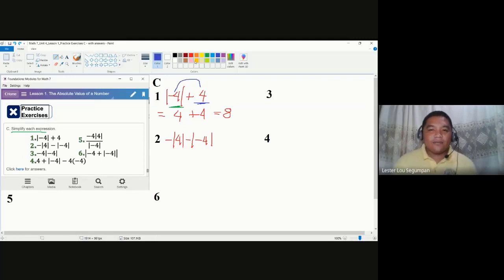So in this case, simply copy this negative sign and the minus operation. The absolute value of 4 is positive 4, minus the absolute value of negative 4, which is also 4. And then you have negative 4 minus 4. This is not 0. I need to repeat, this is not 0. You go back to integers. You could actually use the rule of successive alternate signs.